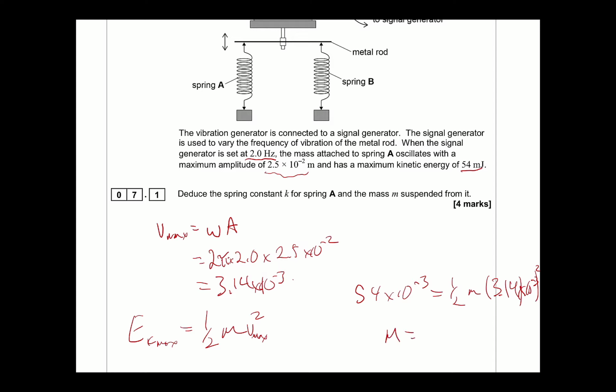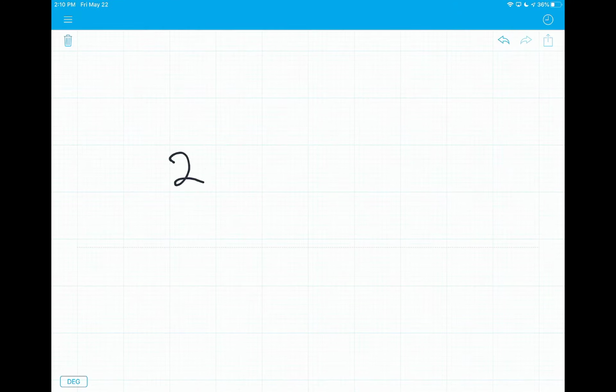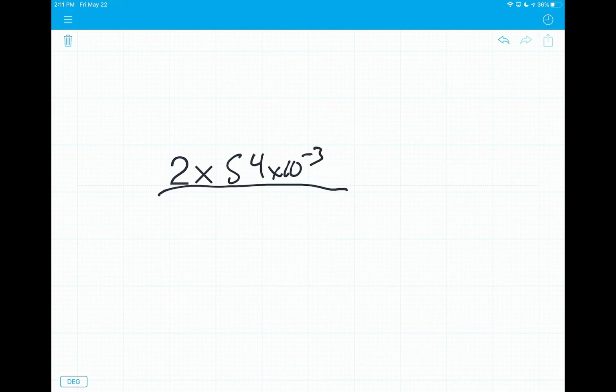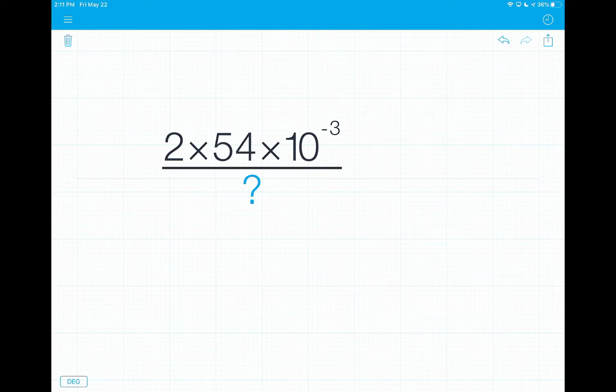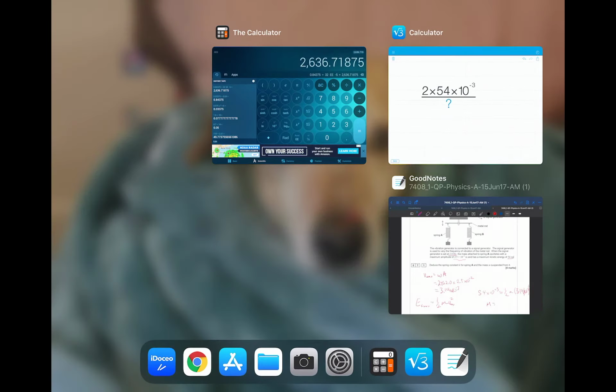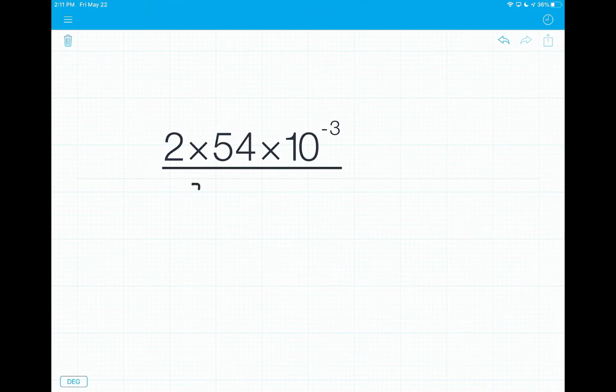So I rearrange that. M is going to be equal to 2 times 54 times 10 to the minus 3 divided by 3.14 times 10 to the minus 3 squared.